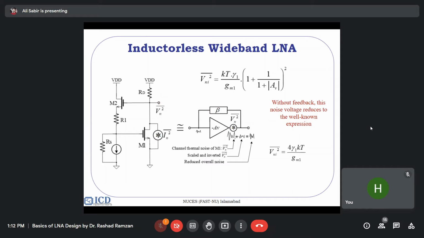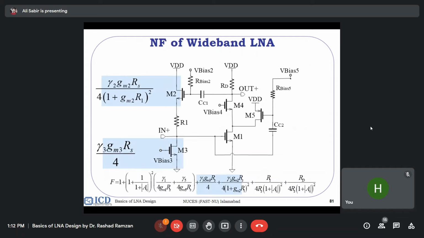The same noise goes back to this transistor, comes back in here, and then this noise is at the input. If I refer this noise to the input, and this noise goes back to here, both noises have opposite polarity and their net effect is reduced.